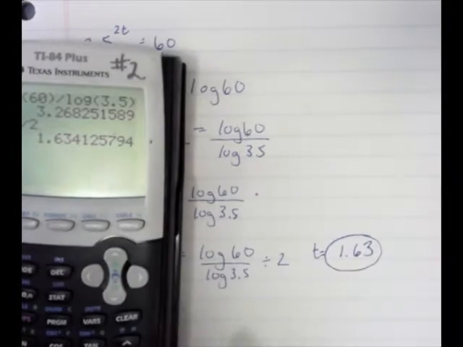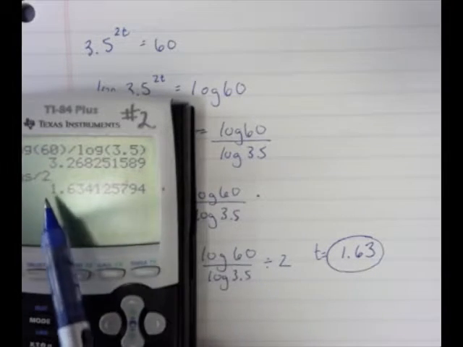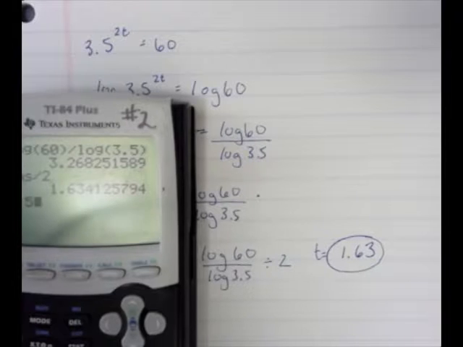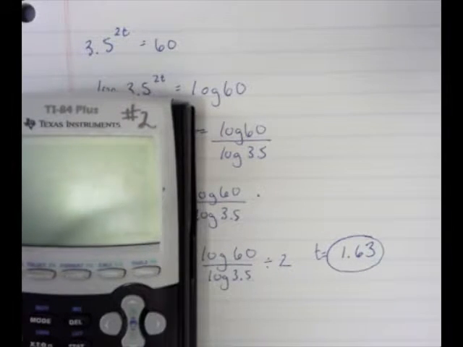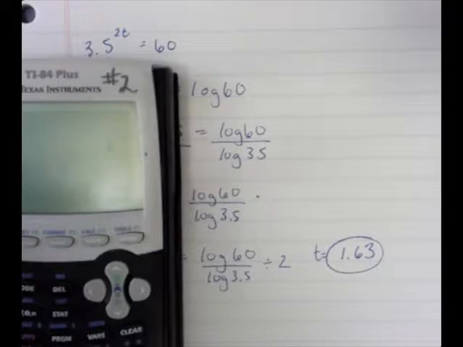Okay? Now again, how can we check this? I'm going to check this really accurately. That means I'm going to use this number in my checking. I'll try that again.